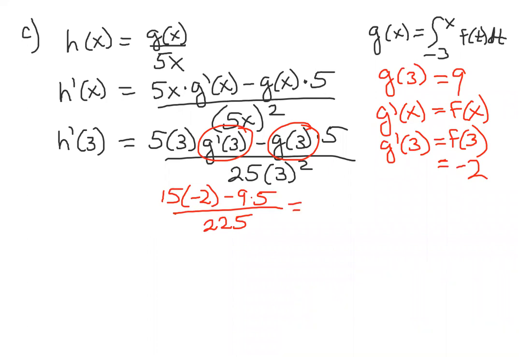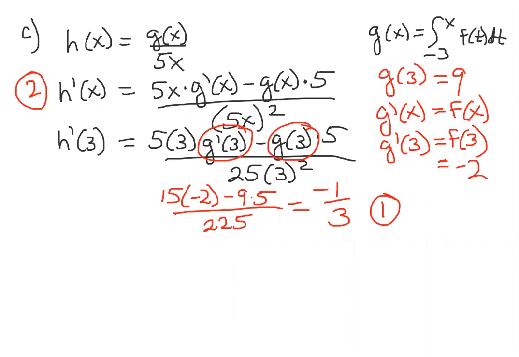And that gives us -1/3, and that's your answer. You get 1 point for getting the answer, and 2 points for using the quotient rule and finding the derivative of h.